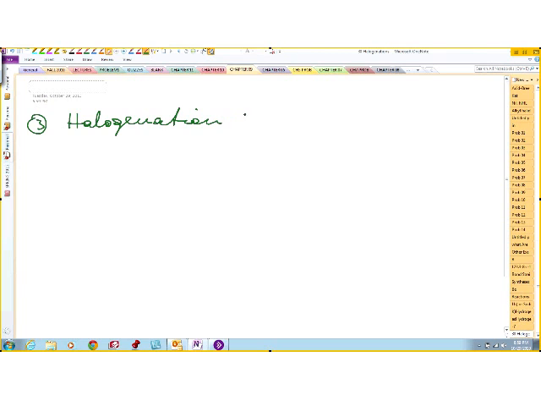Halogenation. This also we did with the alkenes. Halogenation is the addition of halogens across the carbon-carbon triple bond. And by halogen, we essentially mean chlorine and bromine.